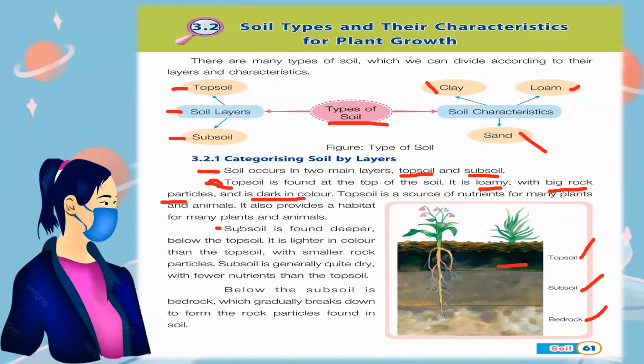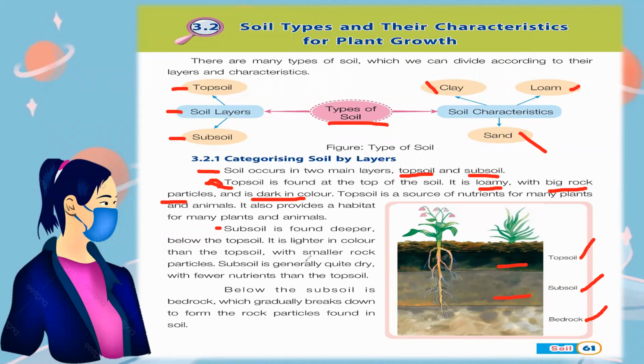Now the second type we have is subsoil. Subsoil is found deeper below the topsoil. You can see here the second layer, it's deeper than the topsoil, and it is lighter in color. Like the topsoil was darker in color, subsoil is lighter in color, with smaller rock particles.